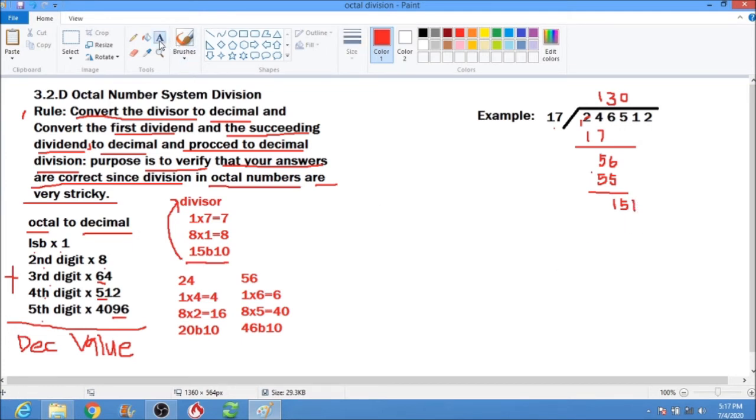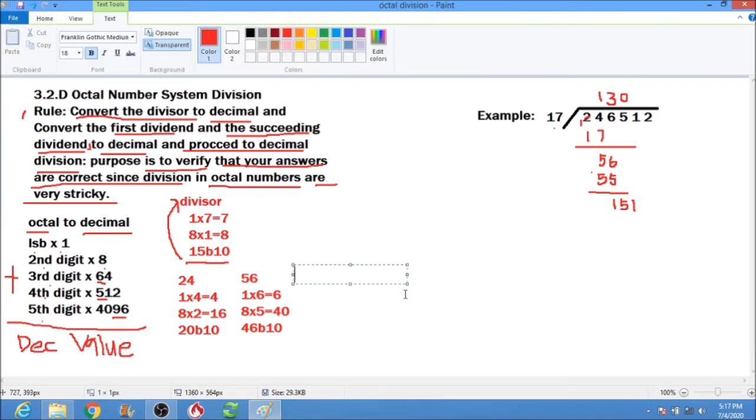Again, we convert 151. 1 times 1 equals 1. Then the next, 8 times 5 is equal to 40. The third digit is 64, so 64 times 1 is 64.